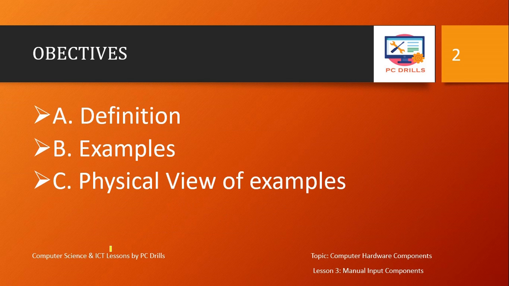So let's begin. This particular lesson 3, the manual input components for a computer system, will be looking at the definition of manual input components, and we will talk about the examples of those manual input components.